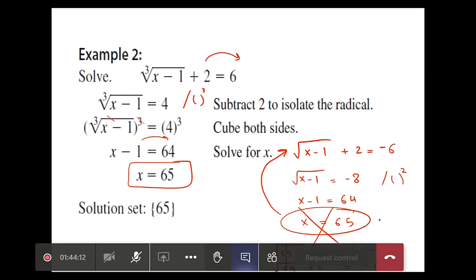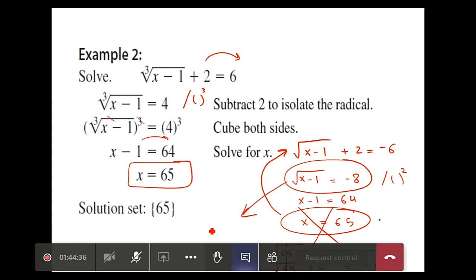Why 10? Also not 10. Look at this. We have radical equal negative. The answer of radical equal negative is impossible.